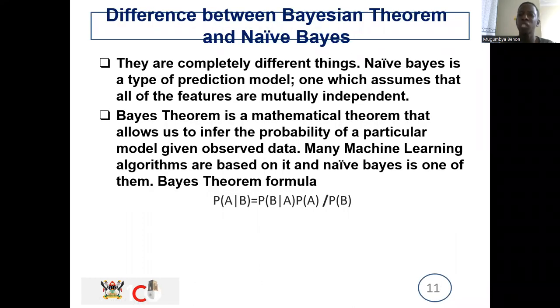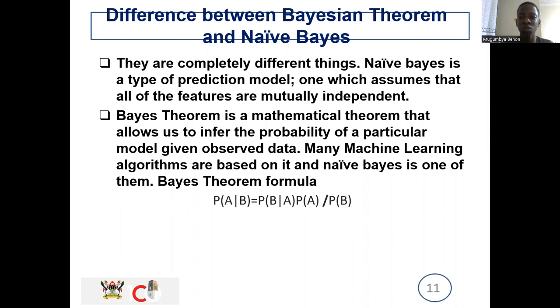So now we want to differentiate. There could be a confusion between the Bayesian theorem and the naive Bayes. The Bayesian theory is just a simple mathematical formula, and our naive Bayes depends on that. They are completely different things. Naive Bayes is a prediction model in AI which assumes that all of the features are mutually independent.